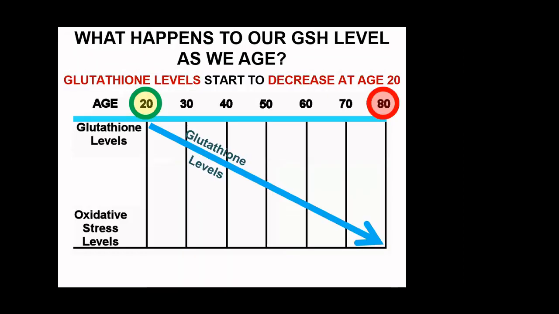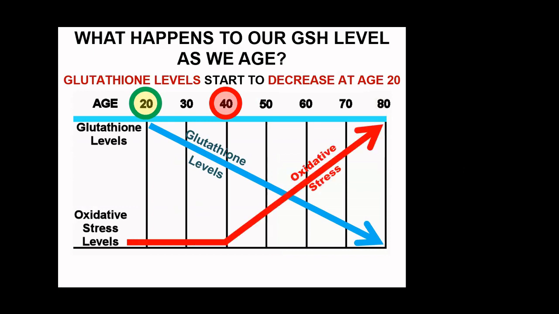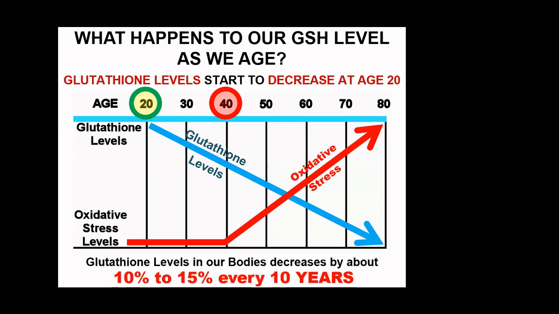Okay, this is how the glutathione declines. From about age 20 or so, it declines by about 10 to 15% every decade. So as the glutathione levels get significantly lower, for example, by 40, you are 20 to 30% less than when you were 20.